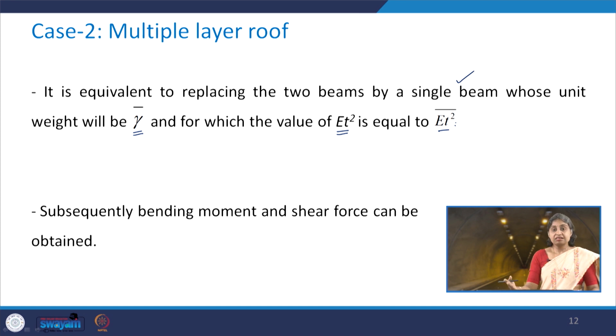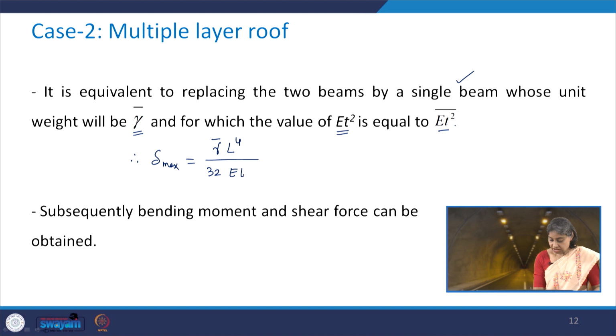So, that is how you can have the two beams replaced by a single beam, and therefore, in this case you will have delta max that is equal to gamma bar L to the power 4 upon 32 E T square bar, and this is going to be at x equal to L by 2, that means at the middle point.